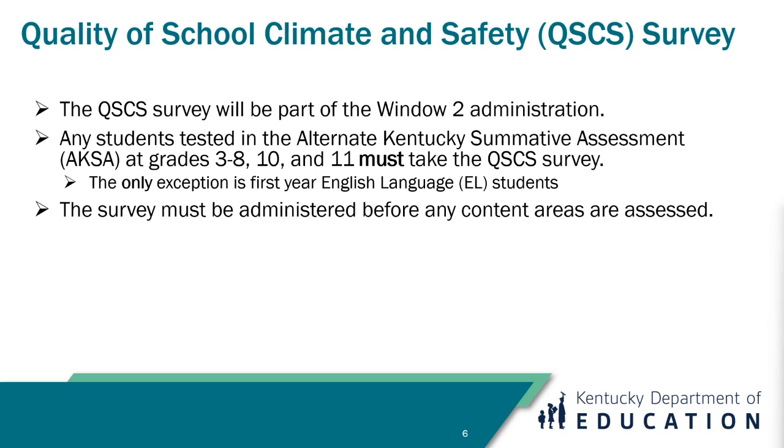The requirements are aligned with the general assessment, so students in grades 9, 12, or 14 in the Kentucky Alternate Assessment will not complete the survey. As a reminder, the survey must be administered before any content areas are assessed. The only students who will not take the QSCS survey are first-year English Language or EL students.